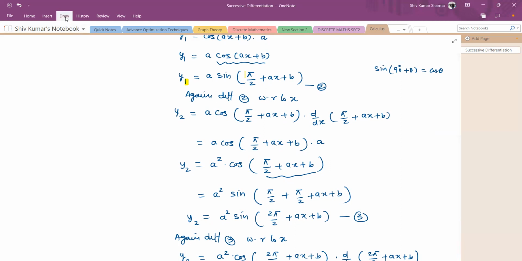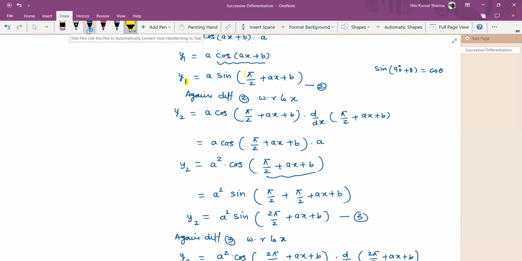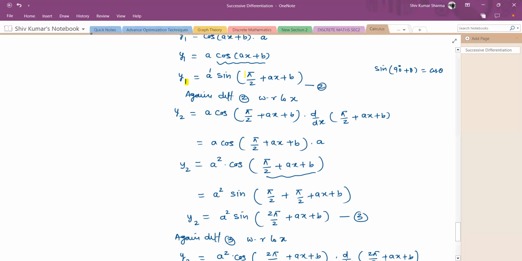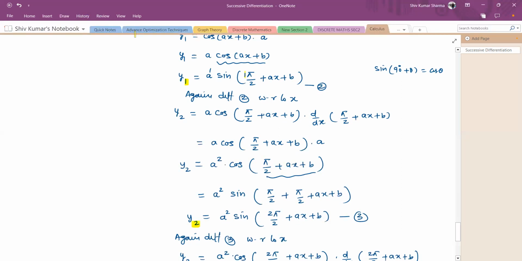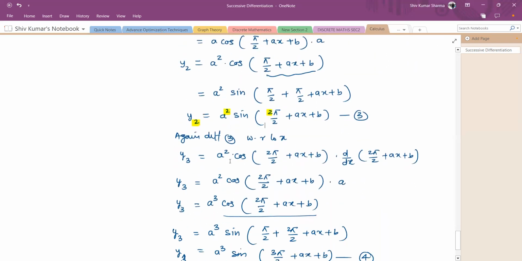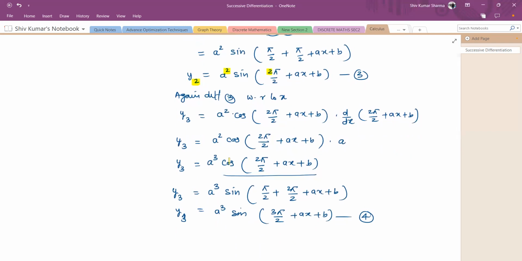When we differentiate two times, the power of a is 2 and the coefficient of pi/2 is 2. And when we differentiate three times, the power of a is 3 and the coefficient of pi/2 is 3.